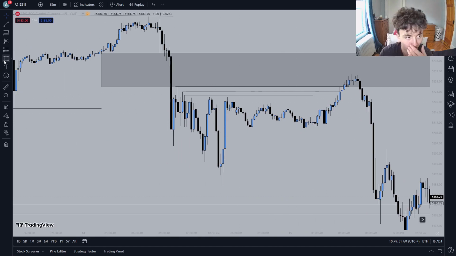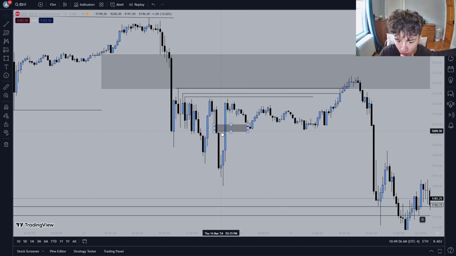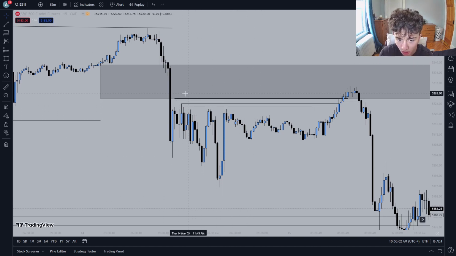Why wouldn't I have taken a short off of this fair value gap getting pushed into, because we didn't know it was going to get closed above like this. First off, number one reason, you have all of this generating liquidity above. Second, you have an inefficiency above. What does that say?